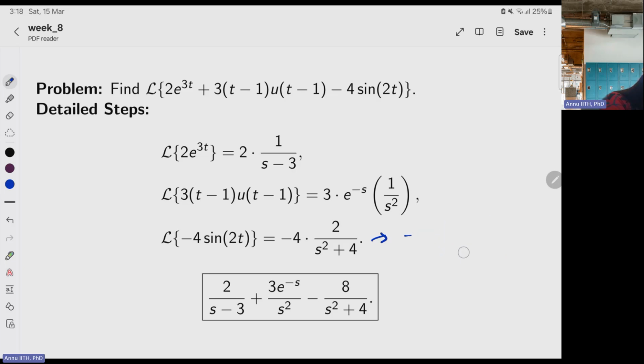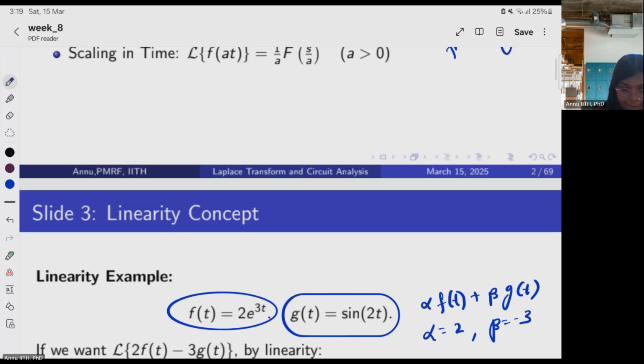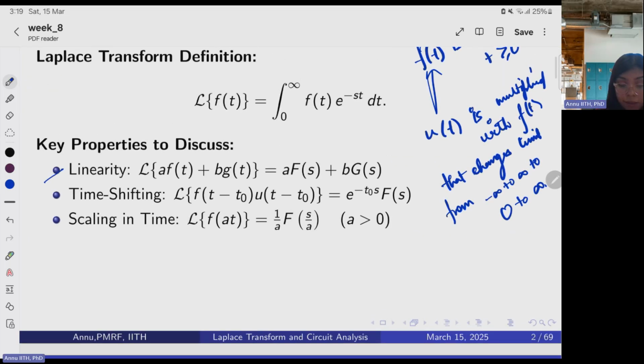Thank you for commenting in the chat box. So basically, the answer is wrong here. Minus 4 will go here only, but sine 2t.